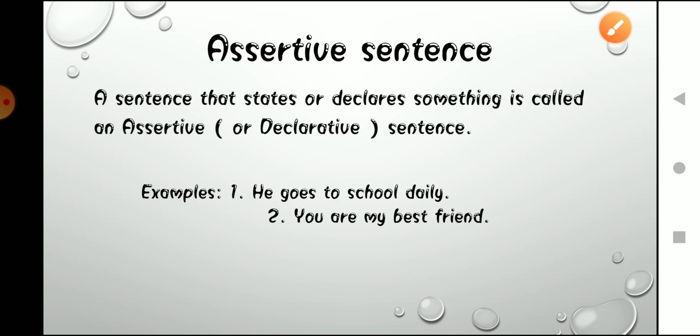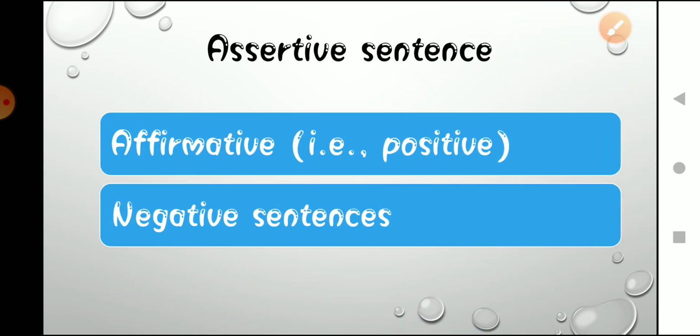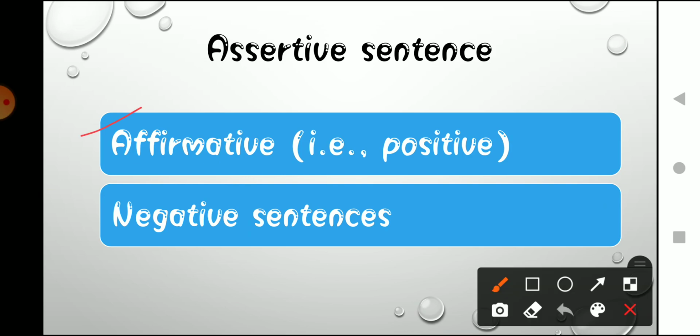Now moving forward to the types of assertive sentences. Assertive sentences are basically of two types. The first one is affirmative sentences, and the second one is negative sentences. Affirmative sentences are basically positive sentences, and negative sentences are those which contain negative words.